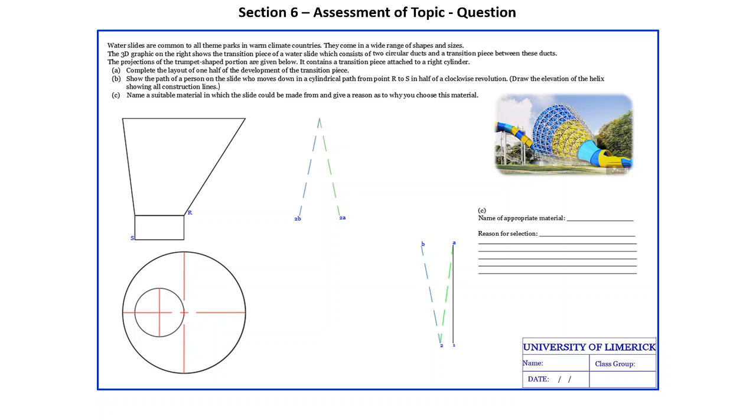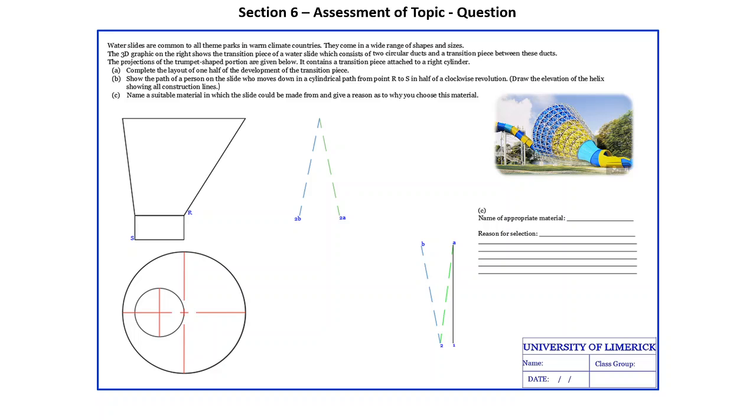So, part A, complete the layout of one half of the development of the transition piece. Part B, show the path of a person on the slide who moves down in a cylindrical path from point R to S in a half clockwise revolution. Draw the elevation of the helix showing all construction lines.